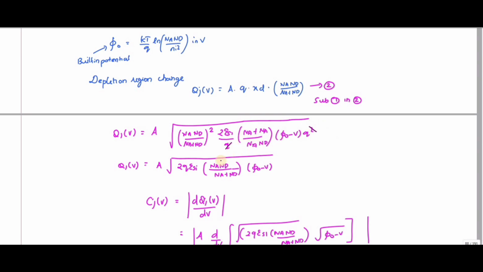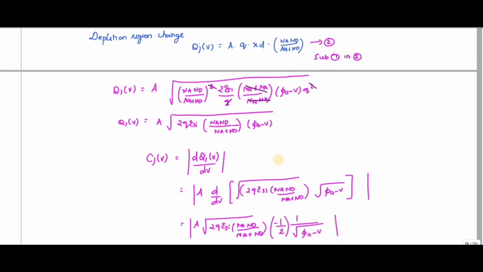You will get Na Nd, and this Na Nd and this one will cancel out. So you will get Na Nd by (Na plus Nd), 2 q epsilon Si into (phi naught minus V).